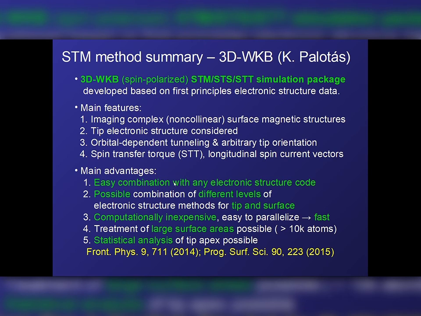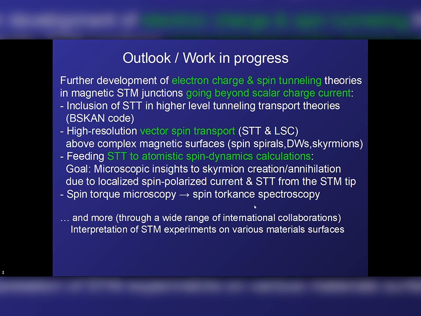We can combine it easily with any electronic structure code. We can also combine different levels of electronic structure methods for the tip and the surface. It's computationally inexpensive, it's very fast, and we can treat large surface areas, even well above 10,000 atoms. And we can use statistical analysis of the tip with this method.